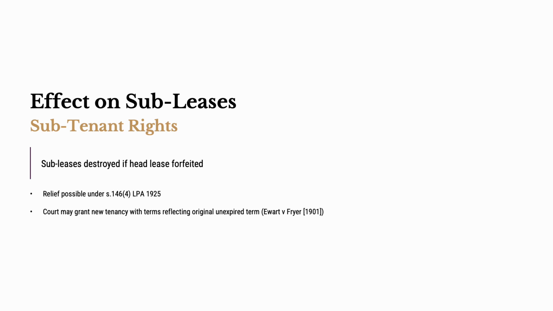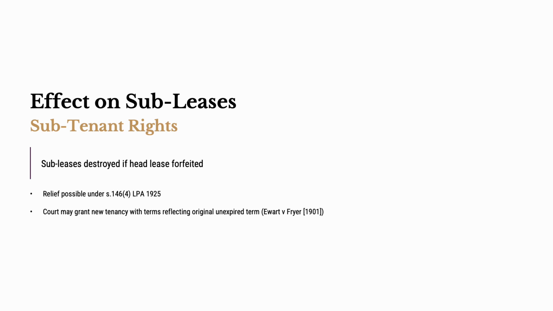So the next thing is subleases. Let's talk about how forfeiture affects subleases. So forfeiture of a head lease destroys any sublease carved out of it. This creates potential injustice when subtenants have done nothing wrong but lose their interests because of the head tenant's breach. So Section 146 subsection 4 of Law of Property Act 1925 provides some sort of protection.